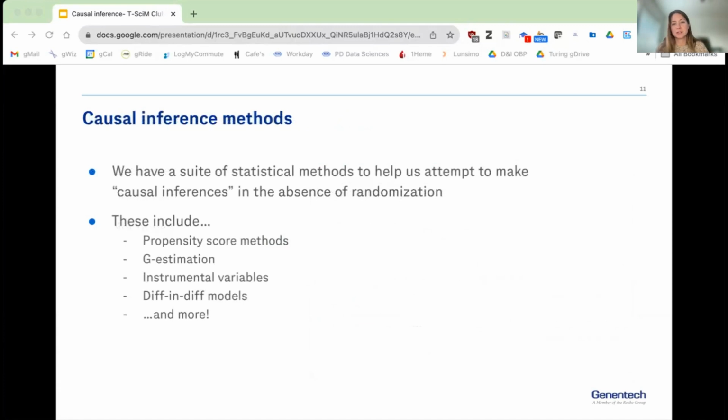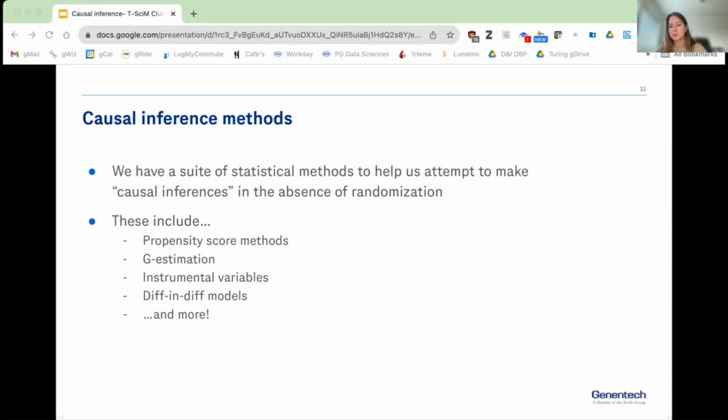So this is where the field of causal inference is really prime and developed as a way to make causal inferences from observational or non-randomized data. So in the absence of randomization, how can we make causal inference? Causal inference as a field typically refers to this suite of statistical methods that enable us to do just that.